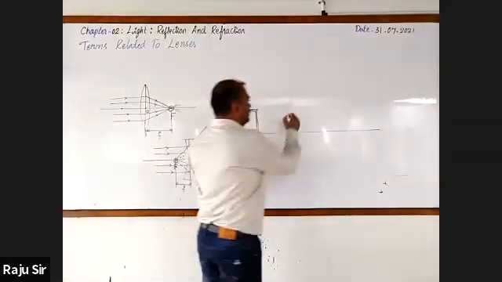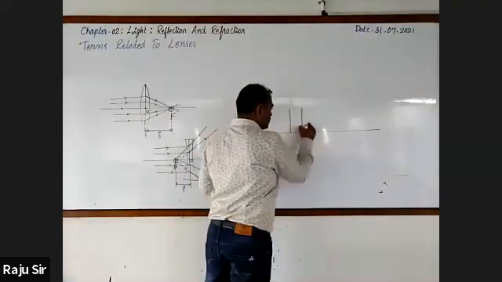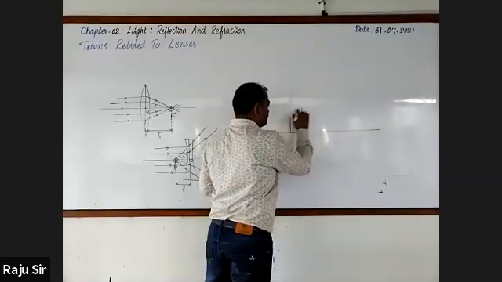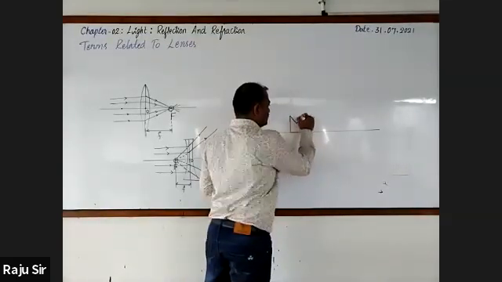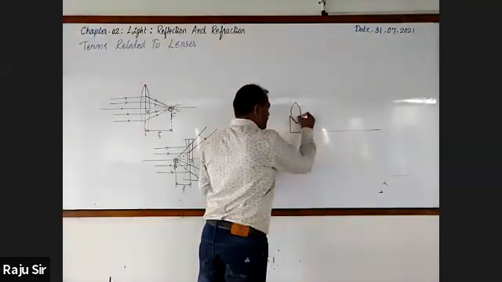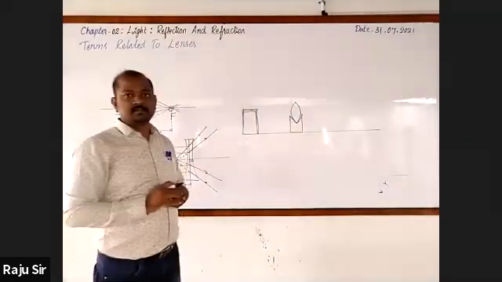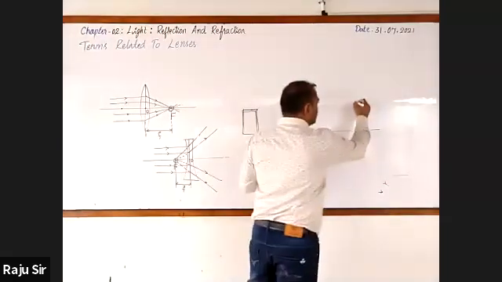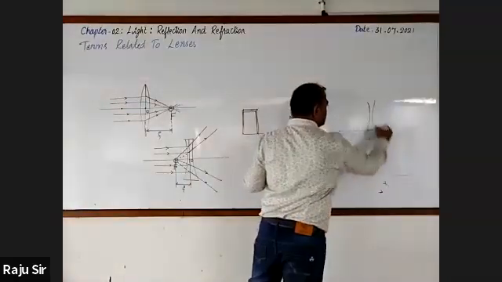Then here you are going to use a lens stand, and you are going to place a convex lens and try to focus a distant object.